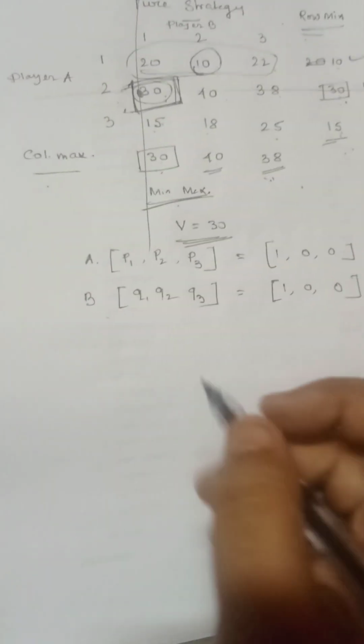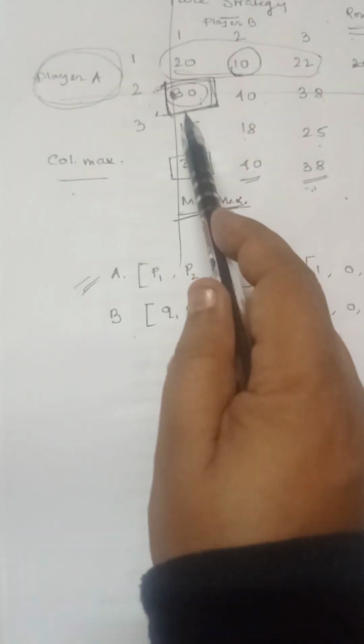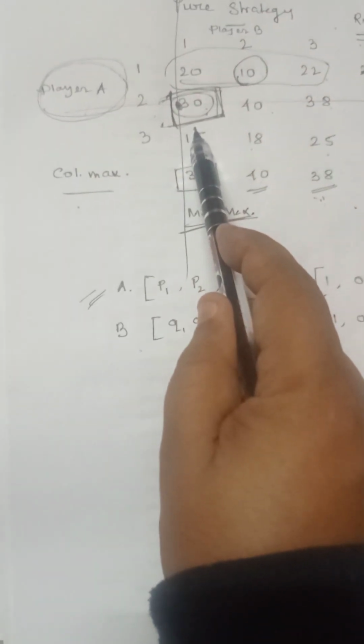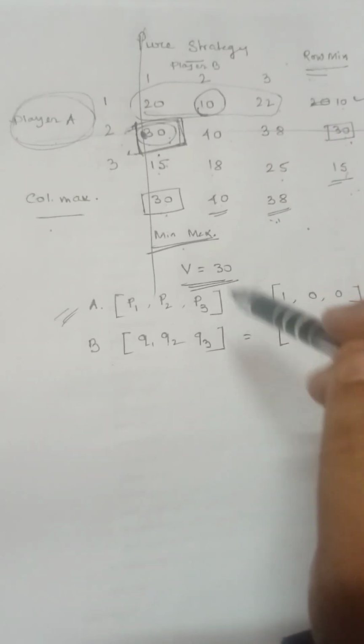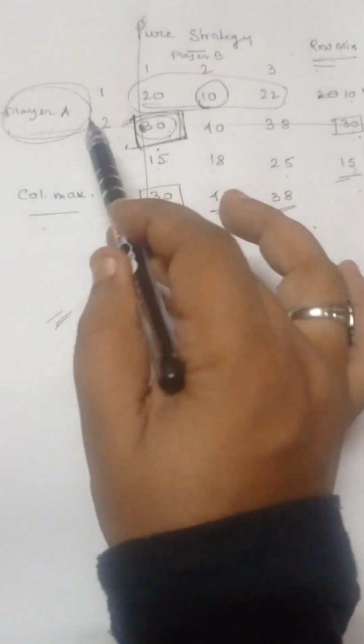What will be the strategy for player A? Which is player A? This one. What is he supposed to consider? 30 comes into this row, and in case of column, this column.